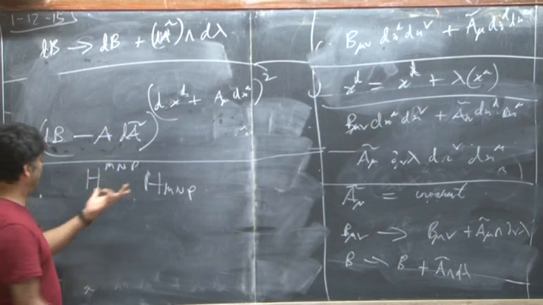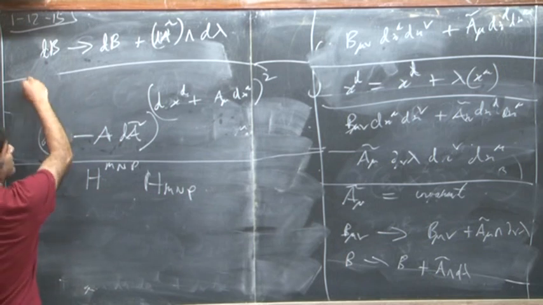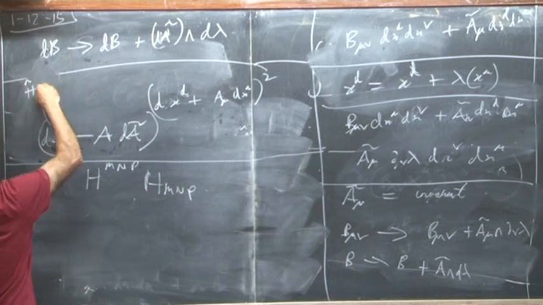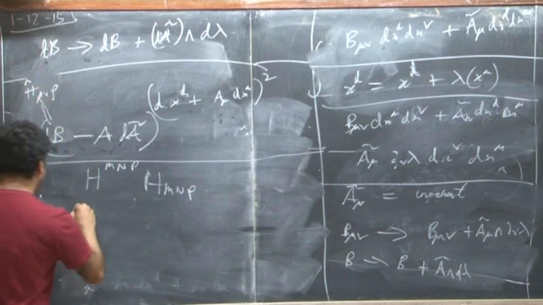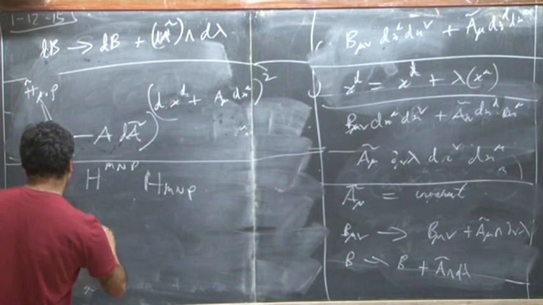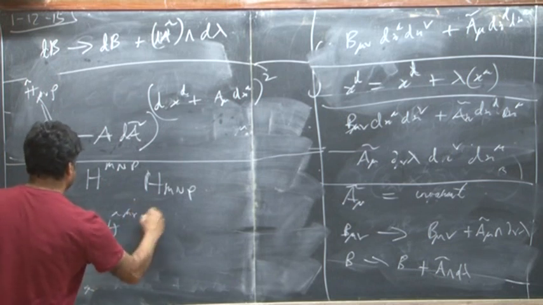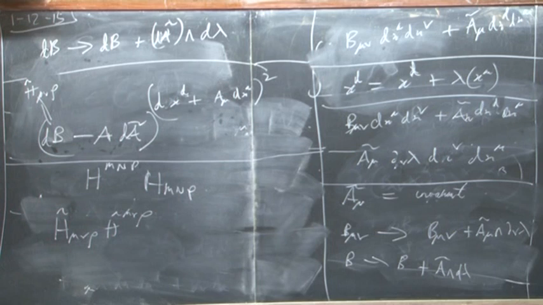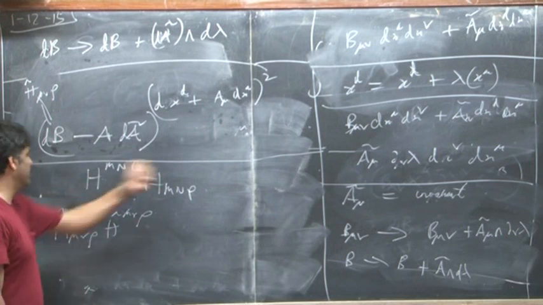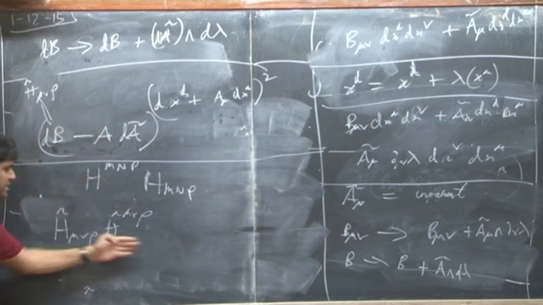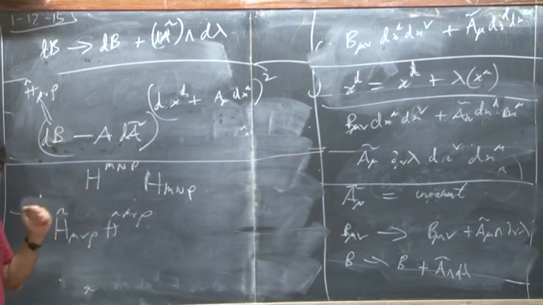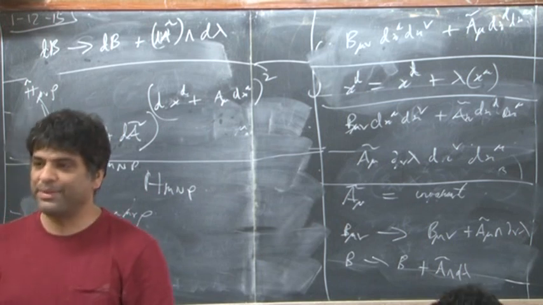Let's give this guy a name; I'll call it H tilde mu nu rho. We should expect to get H tilde mu nu rho. Now let's actually check in 2 minutes that this is what we get. In the higher dimension this was clear: since this is a nice gauge invariant combination, this is what you might expect to get in the dimensional reduction, and I'm going to check that we actually get it.